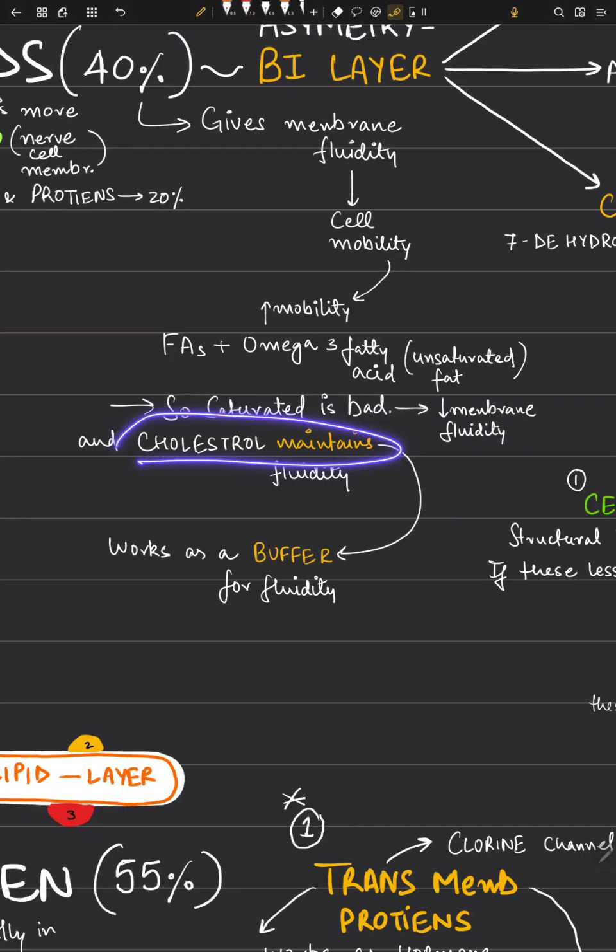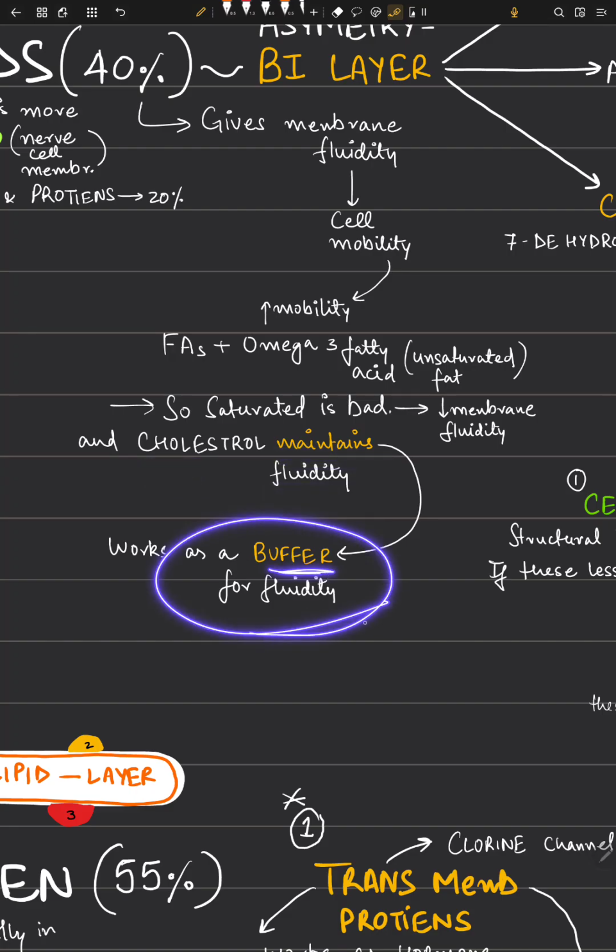So what's the work of cholesterol here? Cholesterol actually doesn't increase and doesn't decrease fluidity. It's neutral on the mobility. What cholesterol actually does is try to maintain the fluidity. It works as a buffer for fluidity.